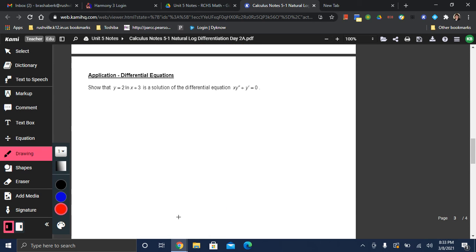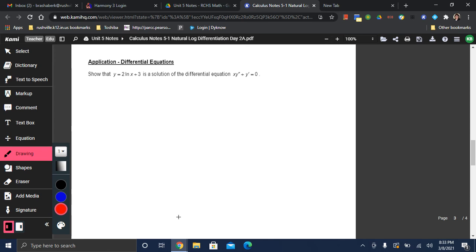And then on the bottom of your page, you have one other application, and that is just showing that you have the solution of a differential equation. And that's nothing more than just doing the derivative and the second derivative and making substitutions.